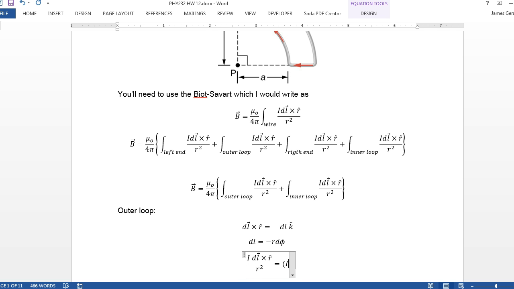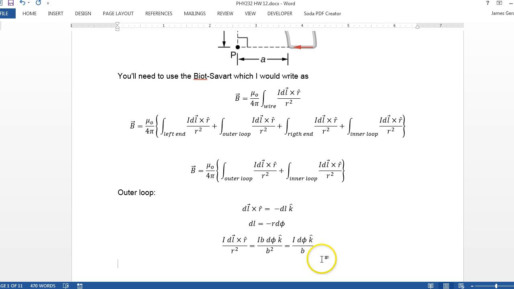I R, well, R on the outer loop is B, right? d phi k hat over B squared. One of those B's is going to go away. And so on the outer loop, we've got I d phi k hat over B. That's what we're integrating over on the outer loop.